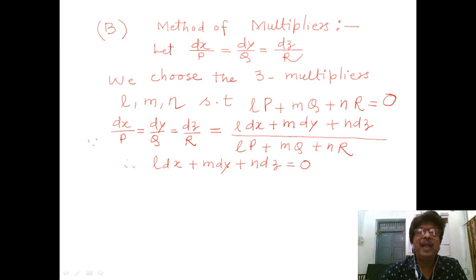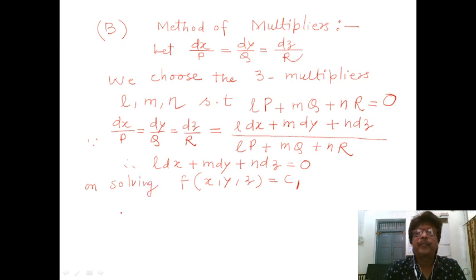If we integrate this, we get the solution as f of xyz equal to c1 on solving. This is the first set of multipliers.